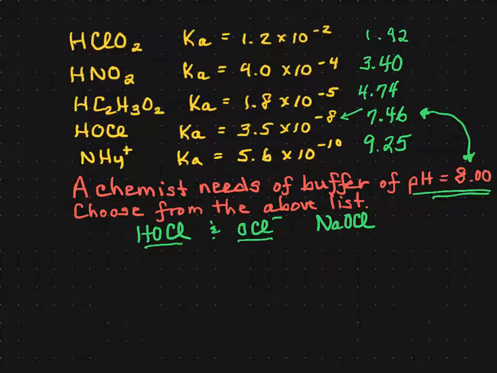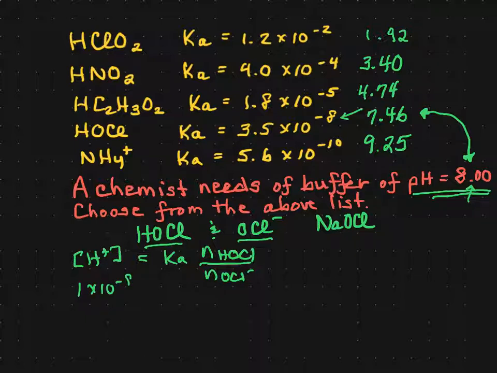but to 8. So if we look at our trusty Henderson-Hasselbalch equation, moles of acid, moles of base, and H plus we're looking for, so pH 8, that's an H plus of 1 times 10 to the minus 8.